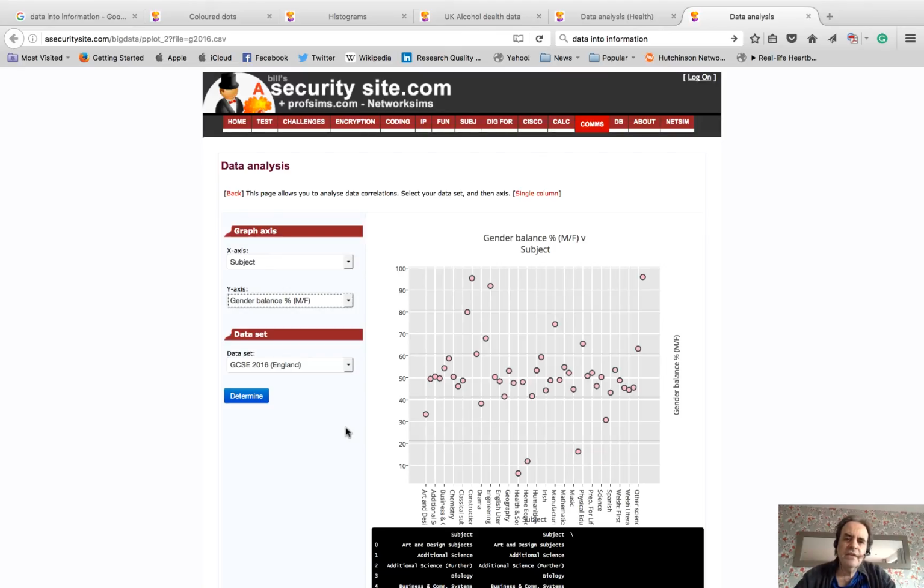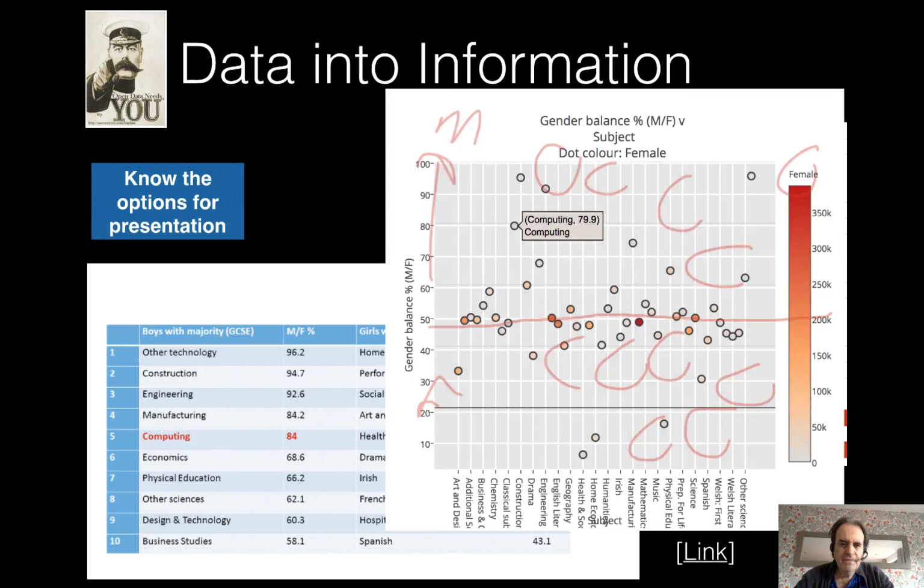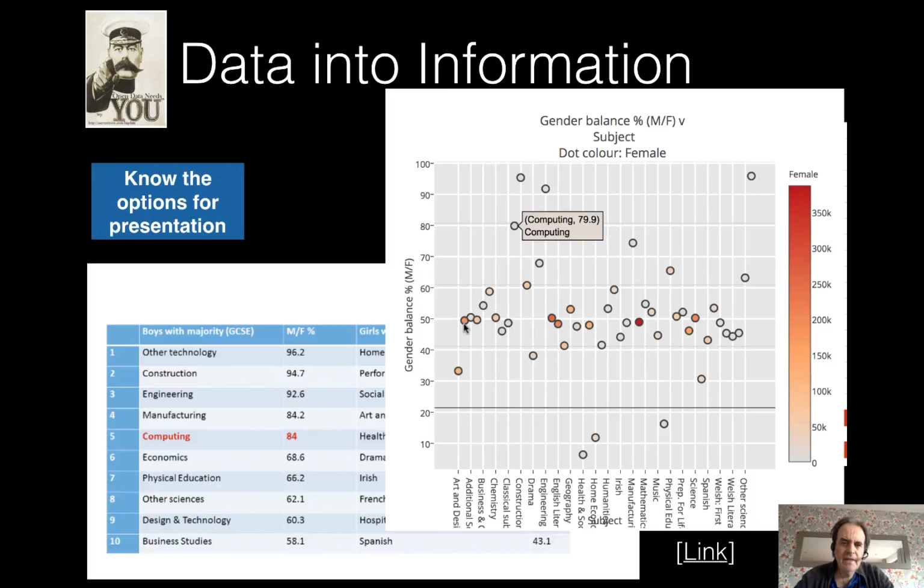Okay, so that's allowed us to be able to very quickly identify our key information. And then we can add in a third variable here. In this case we have actually got the number of female pupils who are taking the subjects, and you can actually see the most significant subjects are the ones that are darker red here, and the ones that are the least significant with a fewer number of female students are actually in light grey.